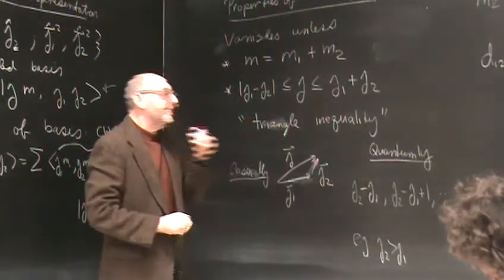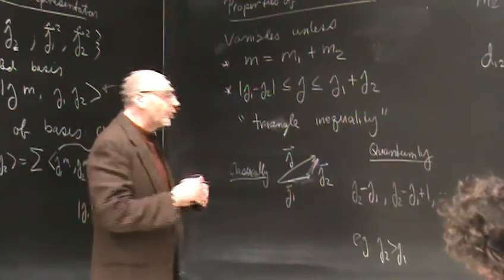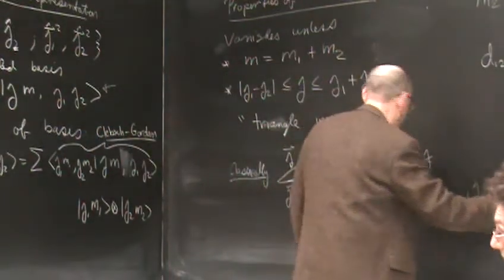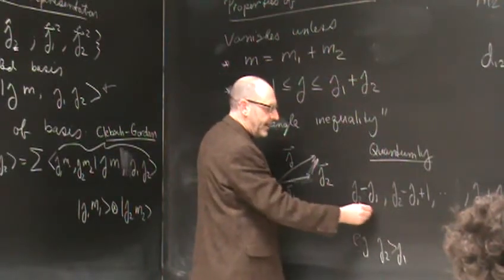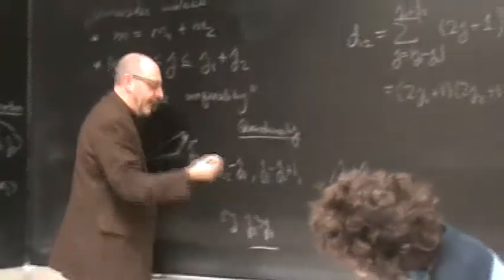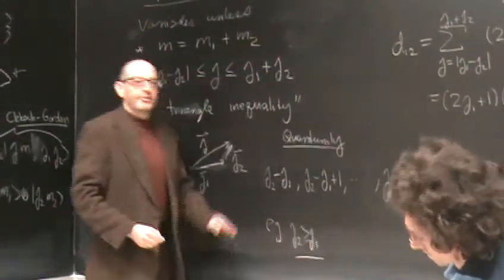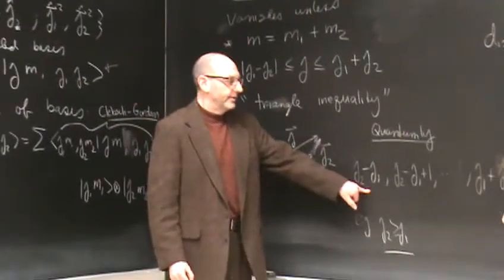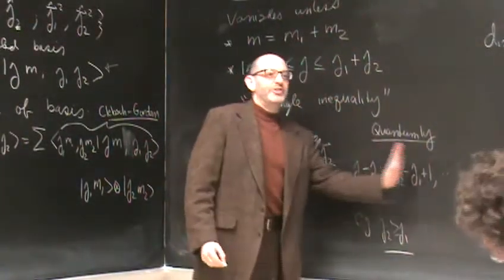And what that means is that the total angular momentum quantum number ranges in integer values. So I can have the total J, let's just assume J2 is bigger than or equal to J1. The smallest it could be is this. The biggest it could be is this. And it could be any integer in between.